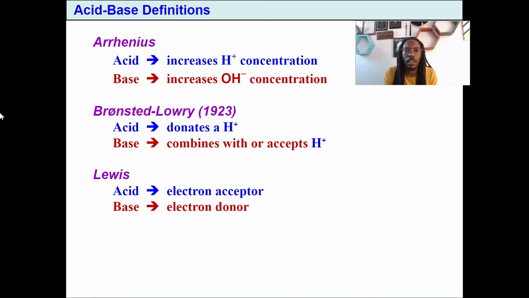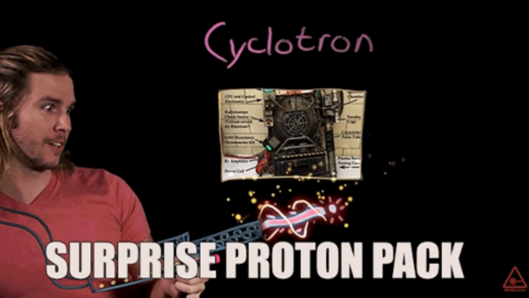Next, we have Brønsted-Lowry. This happened in 1923. They came around and broadened our definition of what we consider an acid and base to be. They said acids donate H+ or protons, and bases accept protons. If you hear me say proton going forward, just know I'm talking about a hydrogen.